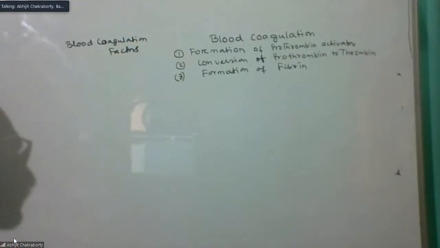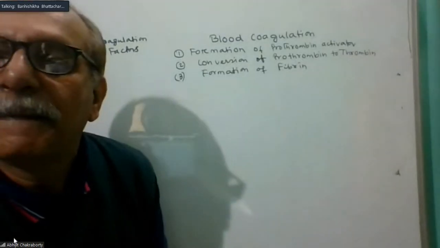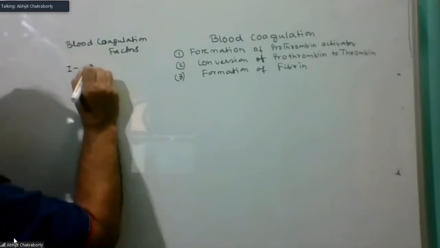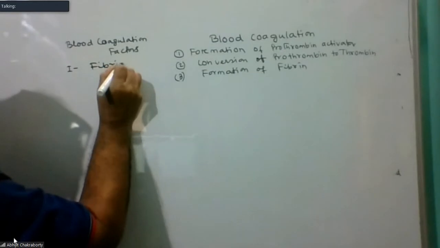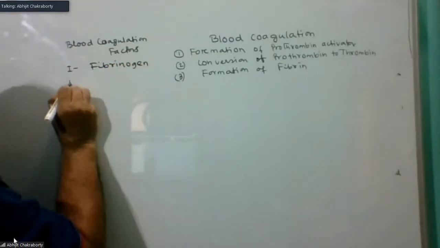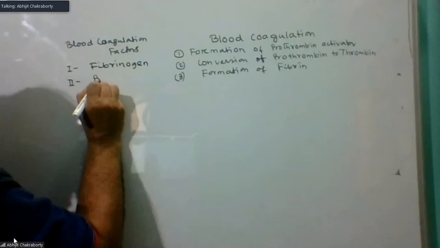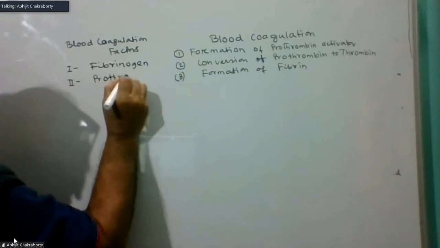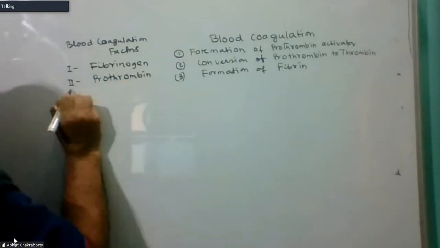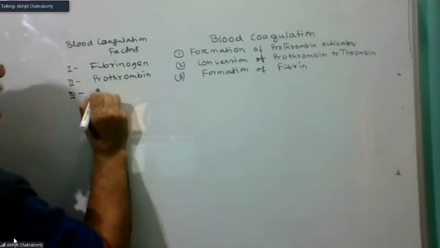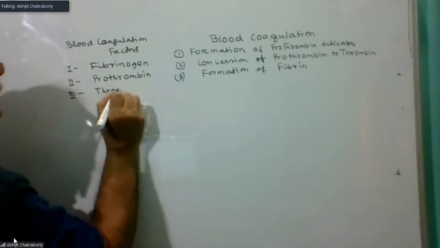Blood coagulation factors. Factor 1, fibrinogen. Factor 2, prothrombin. Factor 3, thromboplastin.